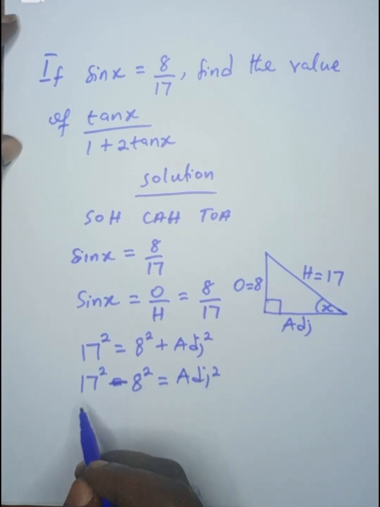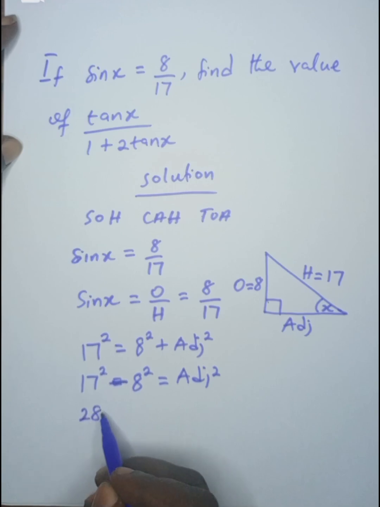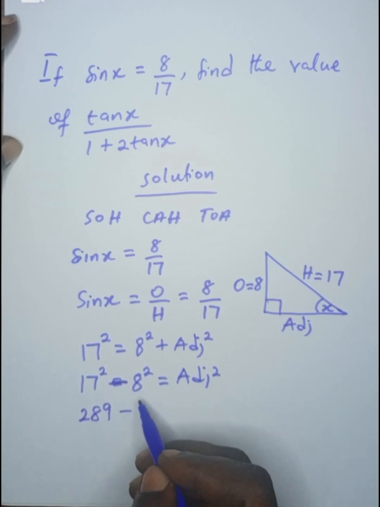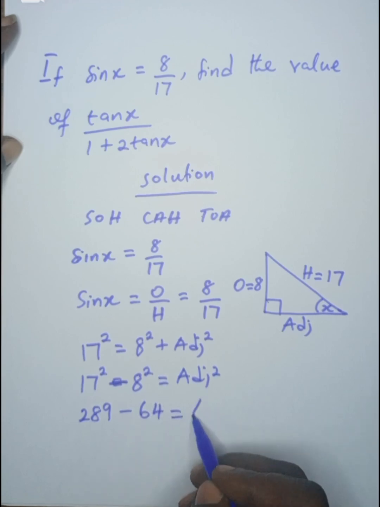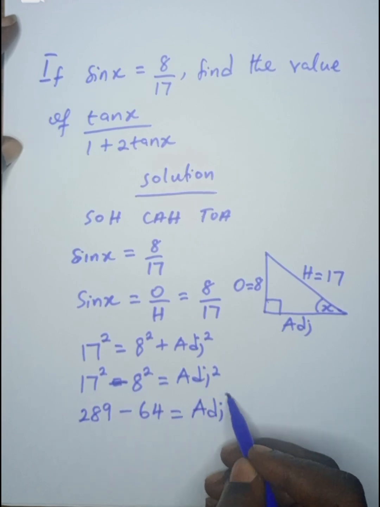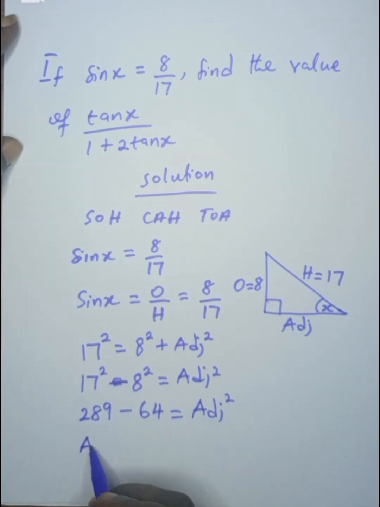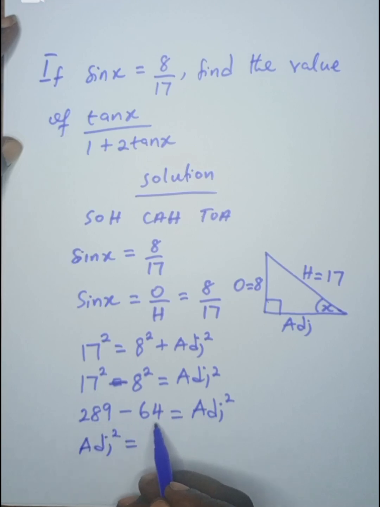17 square is 289 minus 8 square is 64, which is equal to the adjacent square. Now, the adjacent square is equal to 289 minus 64 is equal to 225.